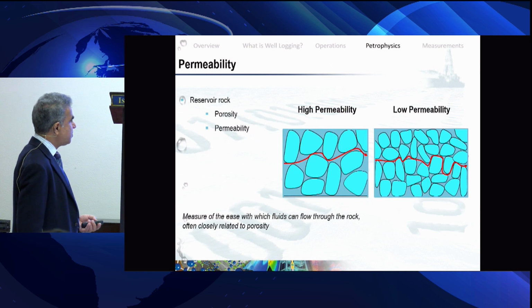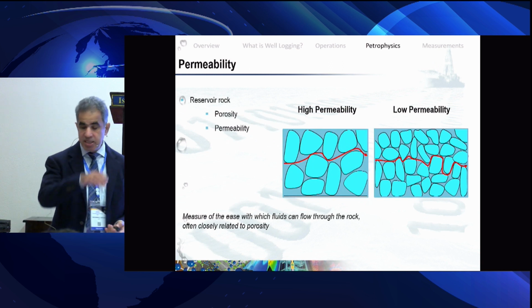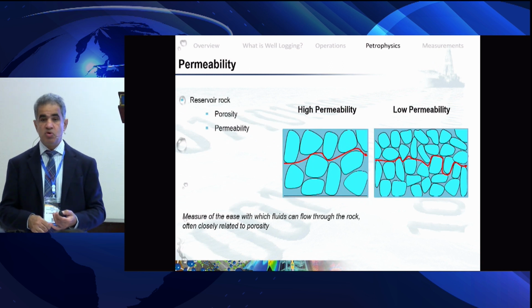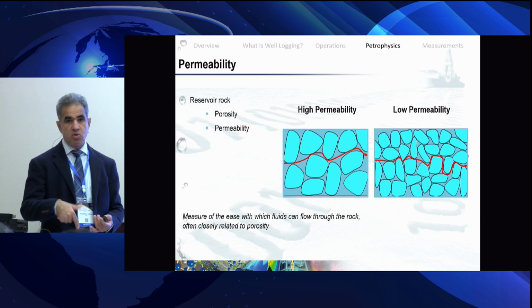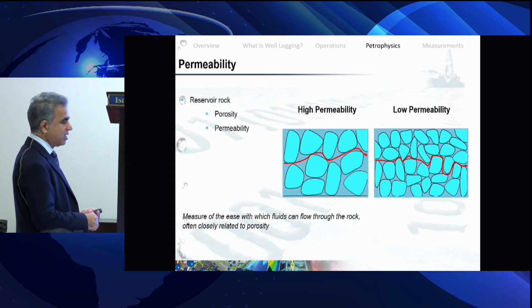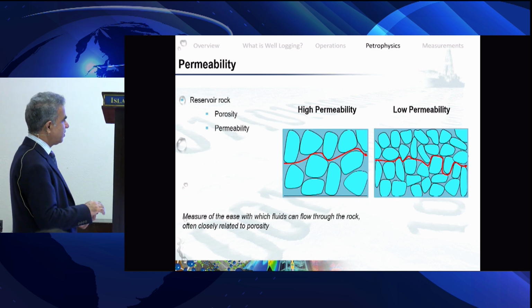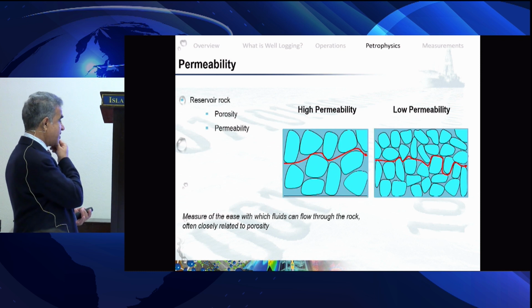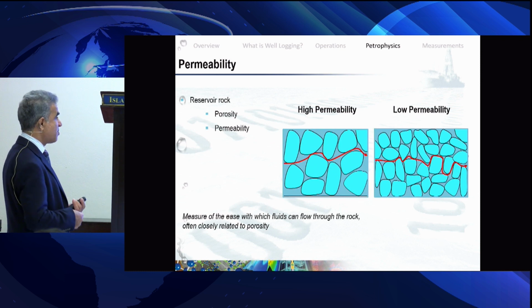The next one is permeability. As we have already seen, this is the ease with which the fluid can move out of the rock to the borehole and then to the surface, basically a path along which the fluid moves. If the path is straight and easy, we say high permeability.